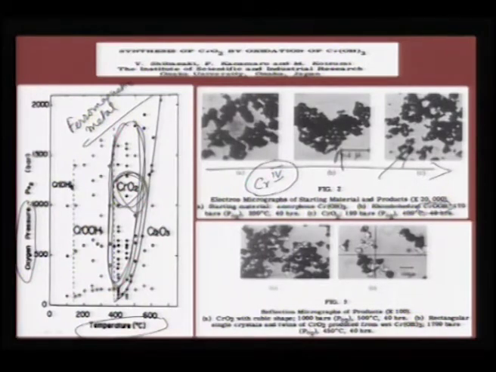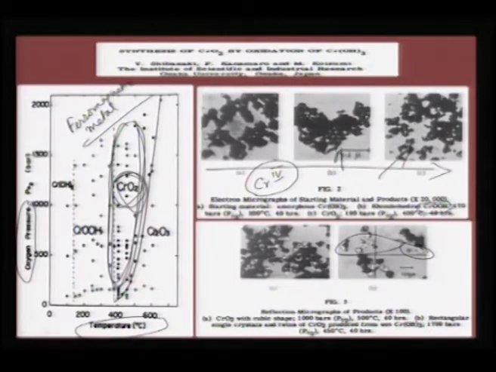And we can also try to isolate rod-shaped CrO2, which is actually needed. Now if we prepare CrO2 in the lab, you would usually get a platelet or spherical shaped one, which is actually not useful for recording media. What you need is this sort of acicular shaped crystals, which is possible only through the hydrothermal route.